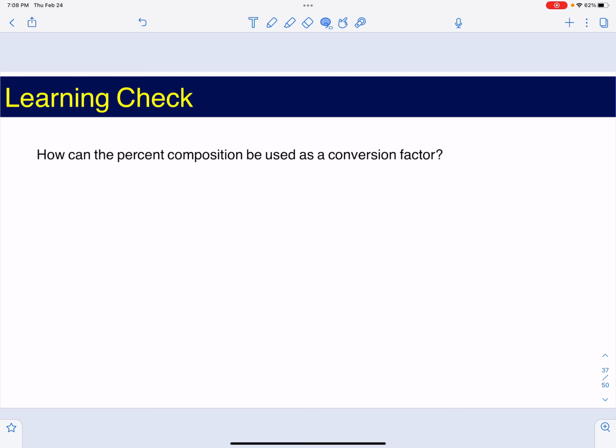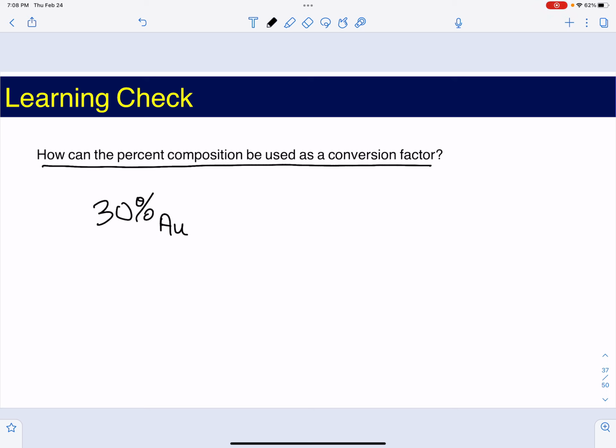Before we go there, how can percent composition be used as a conversion factor? Let's say that I tell you that I bought a ring, and that ring has 30% gold.